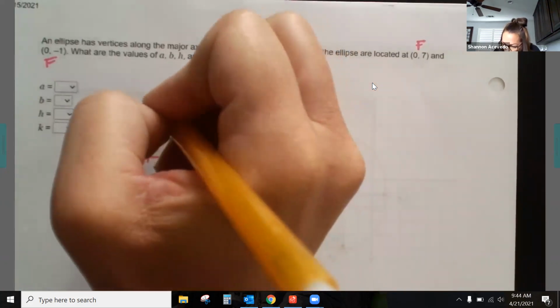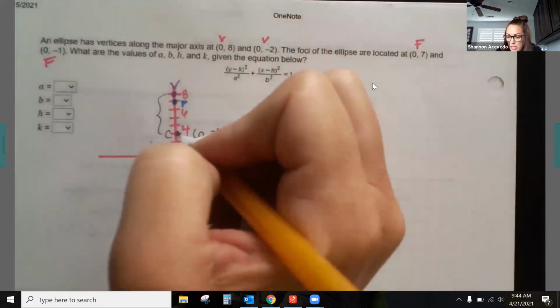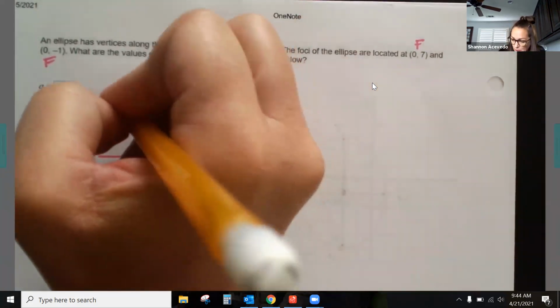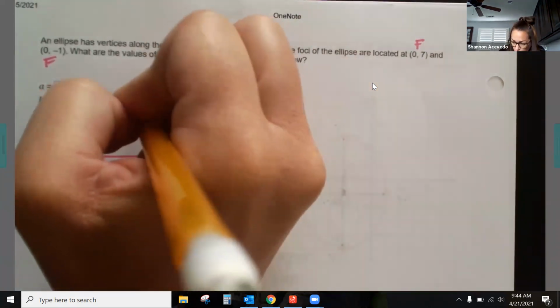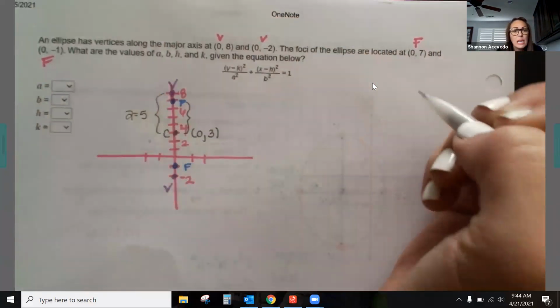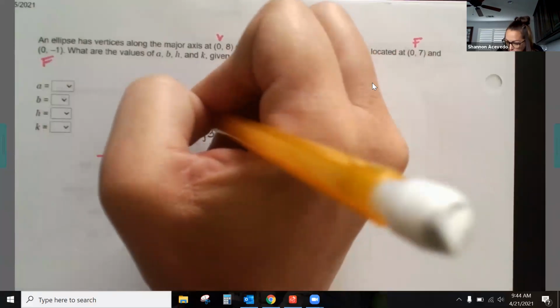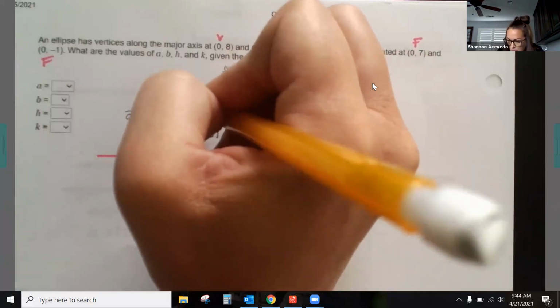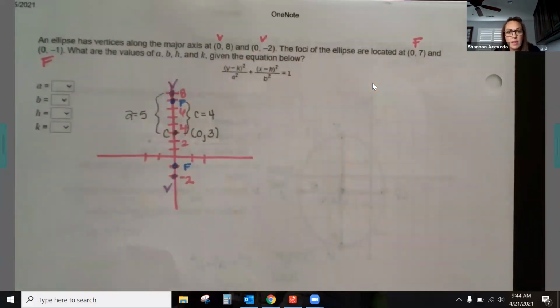From my center to my vertex, that's my A value, which is 5. From my center to my foci is my C value, and in this case, it's 4, right?